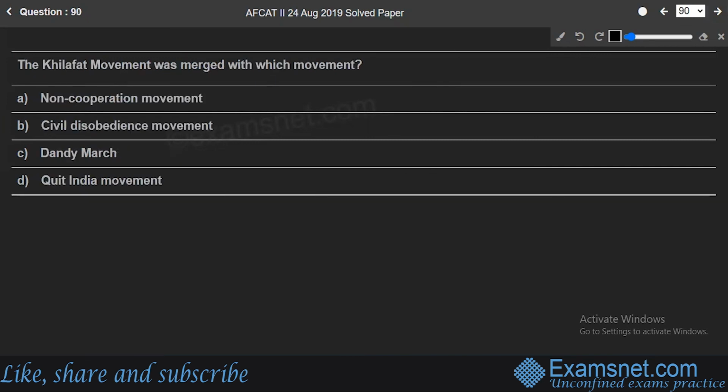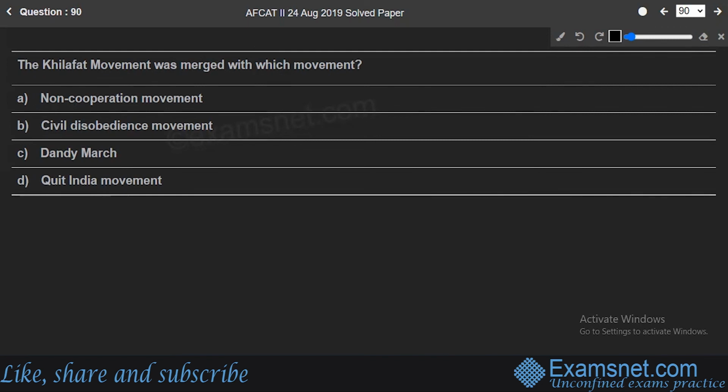Next is question number 90. Khilafat movement was merged with which movement? Non-cooperation movement, civil disobedience movement, Dandi March, or Quit India movement? Mahatma Gandhi had a central role in linking this Khilafat movement with India's freedom struggle, primarily the non-cooperation movement, right?